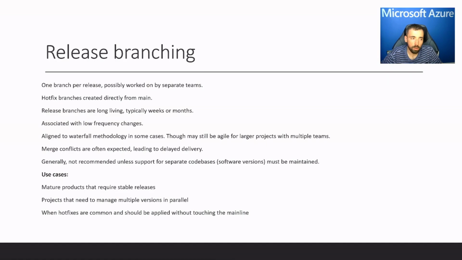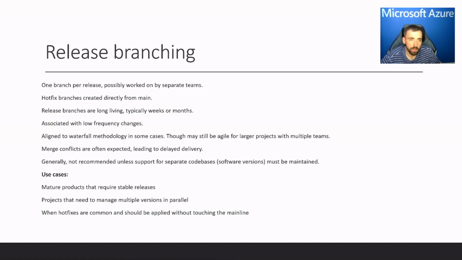The longer these branches live on, the higher the chance there is of differences or conflicts when we come to merge our changes back. And these come to be expected with the release branching strategy because we're not doing frequent integrations several times per day as we would with some of the other branching strategies.